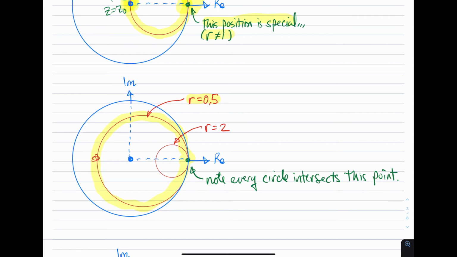And if we go in the other direction, r equals 2, then the circle that corresponds to all impedances having little r equals 2 is this one here. And once again, the right side of that circle is at the open circuit position, but the left-hand side now is here. And the thing you should note at this point is that every such circle intersects the open circuit position.